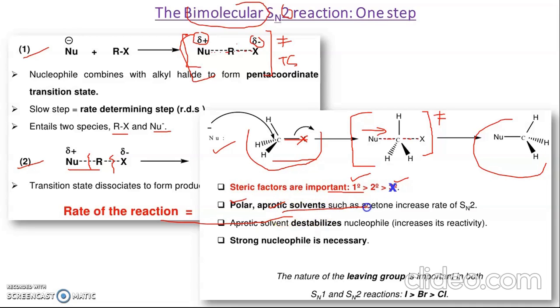Polar aprotic solvents such as acetone are used in the case of SN2. You have seen that in SN1 it is a polar protic solvent, but now it is a polar aprotic solvent. An aprotic solvent destabilizes the nucleophile, that means it increases its reactivity, and it is required in this case. Why?